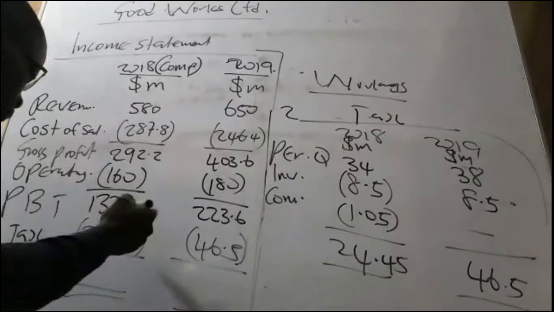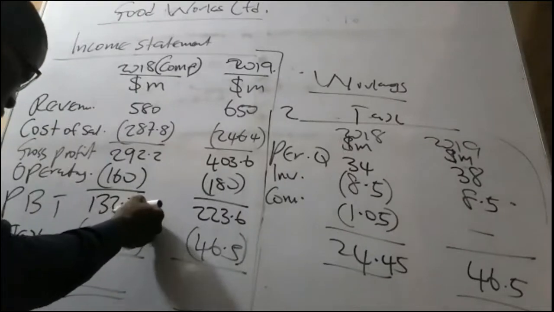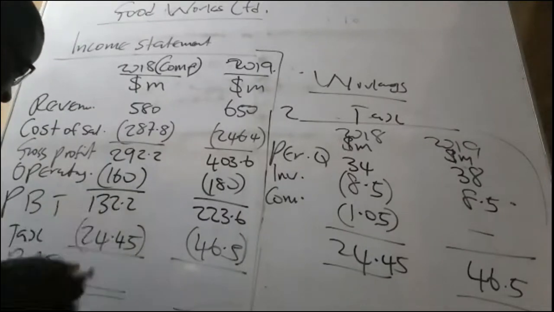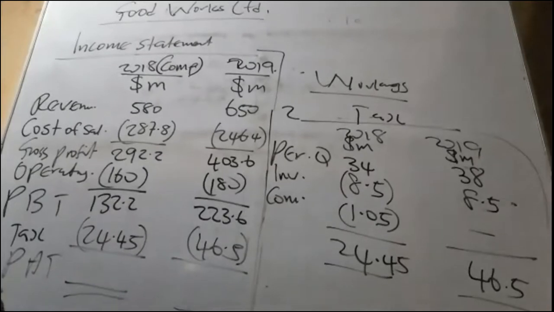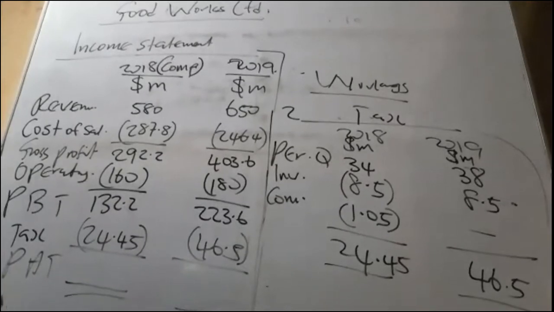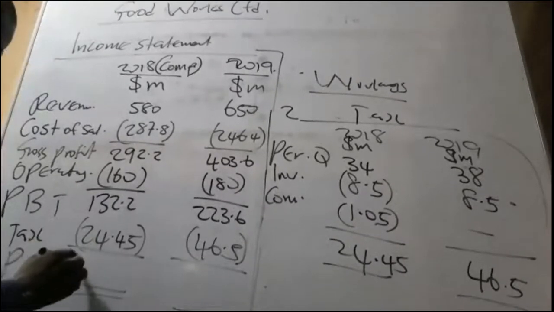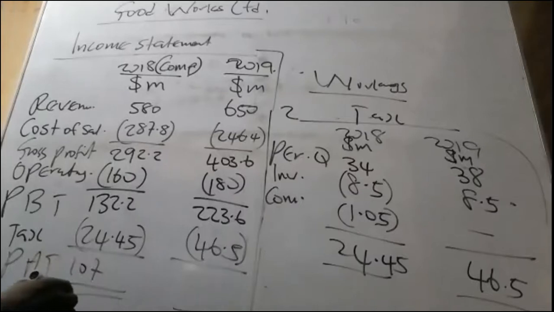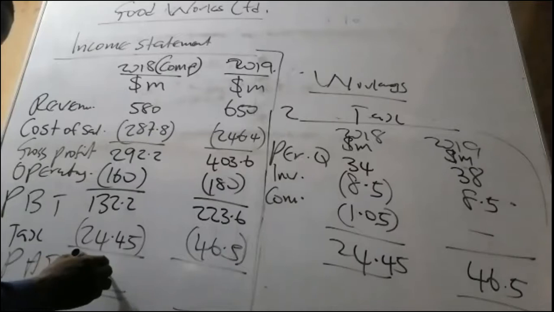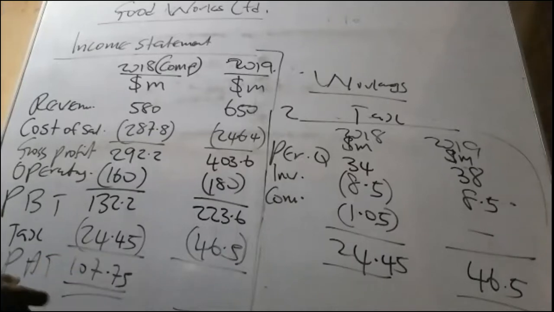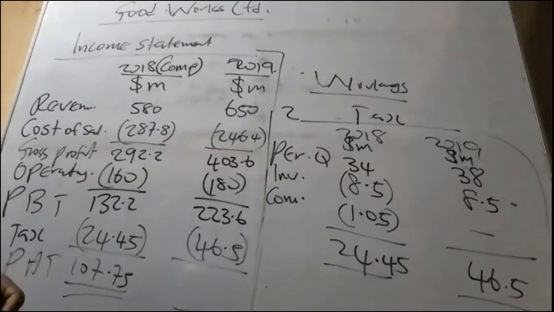What do we get? 132.2 less 107.75. Then 223.6 minus 46.5.